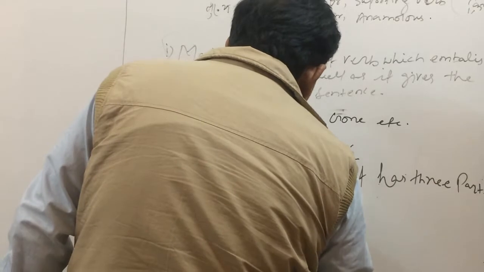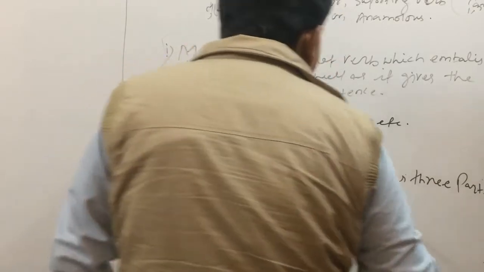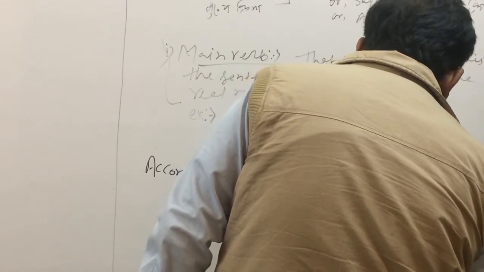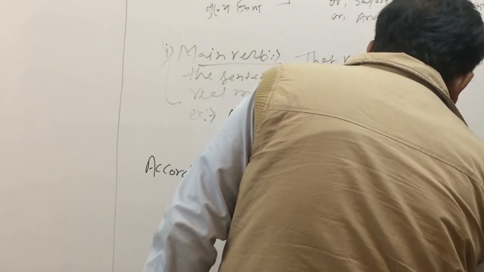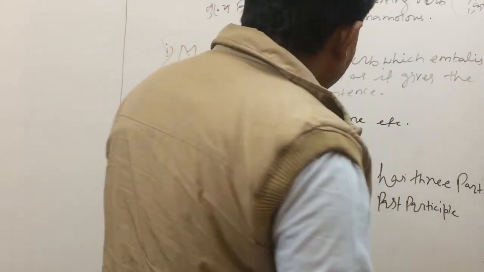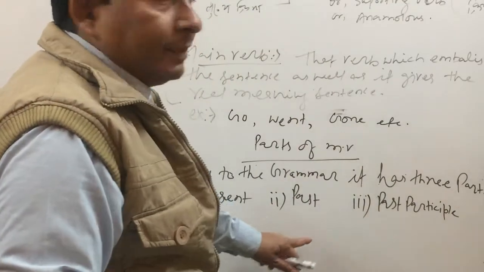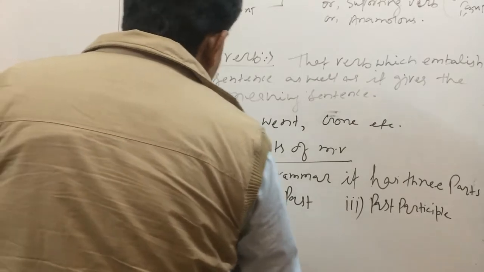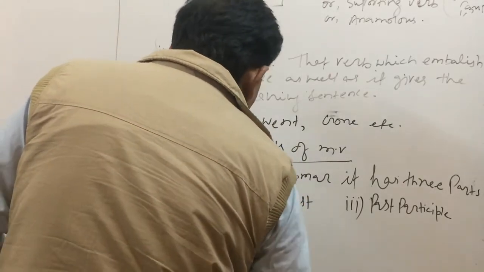Number two, past. And number three is called past participle. Look at that line. Present, past, past participle. Okay? In the grammar, only these three are there.